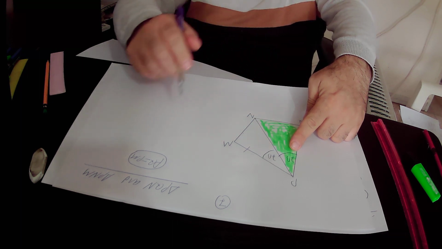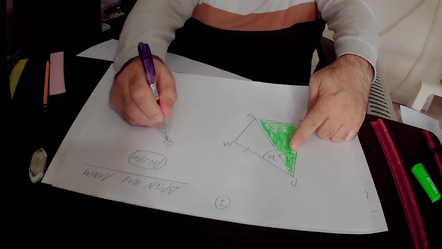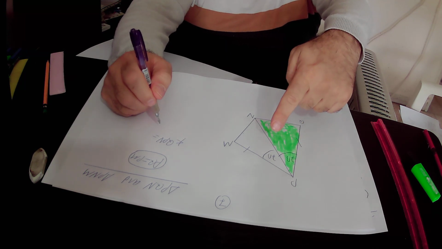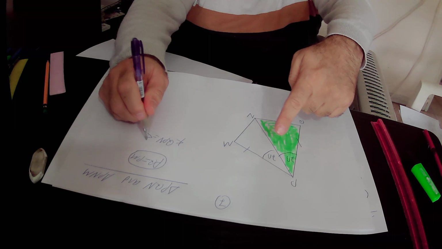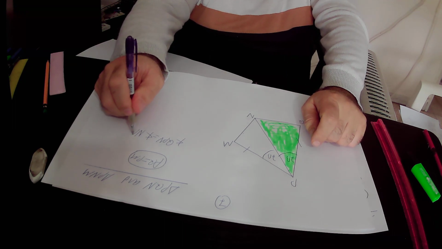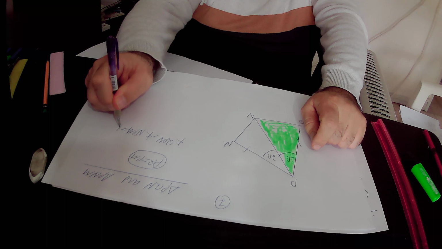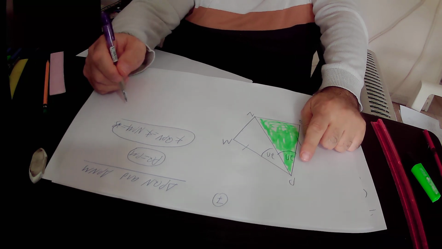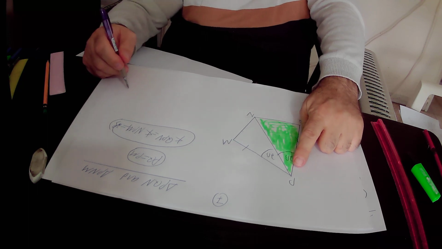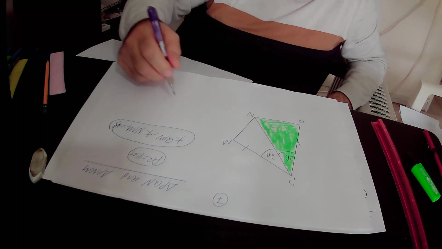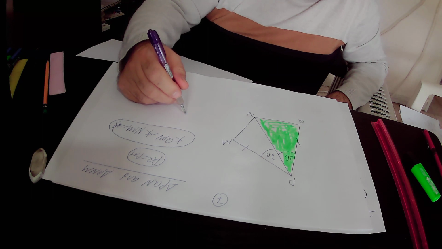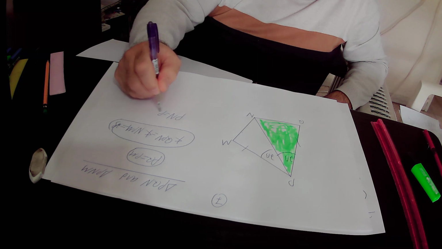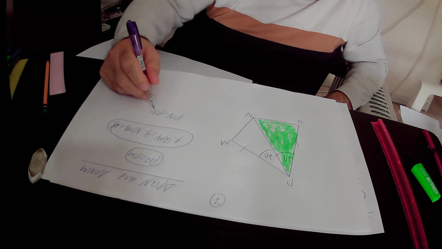So angle QPN in the green triangle is equal to angle NPM in the white triangle, and both angles are equal to 2 beta. PN is a common side, it belongs to both triangles. So we can write down that PN equals itself.